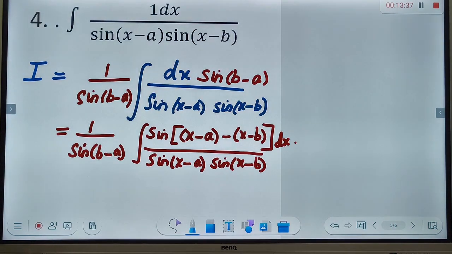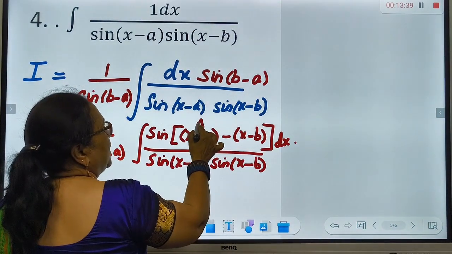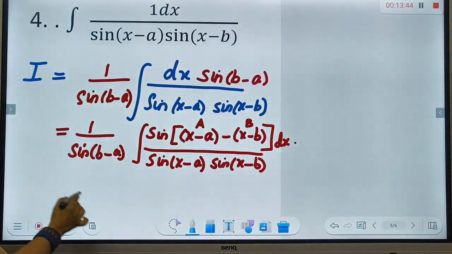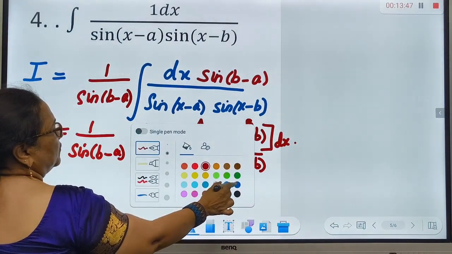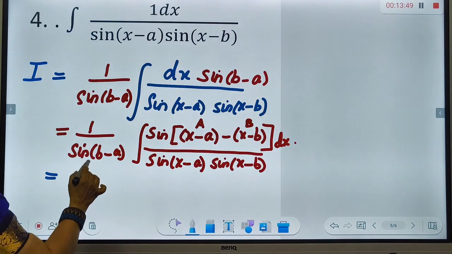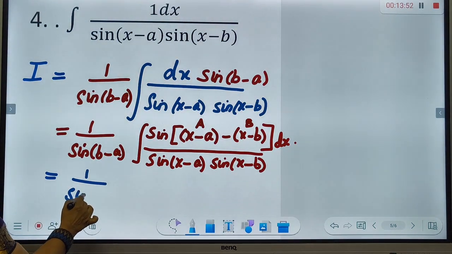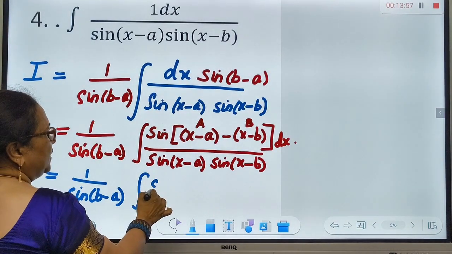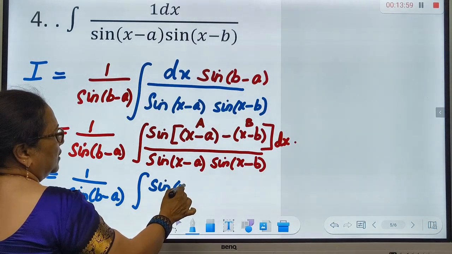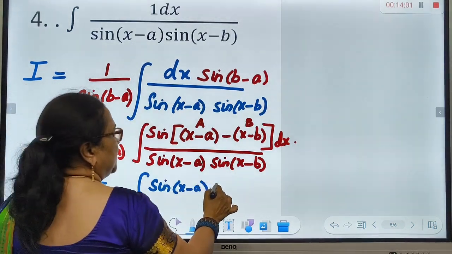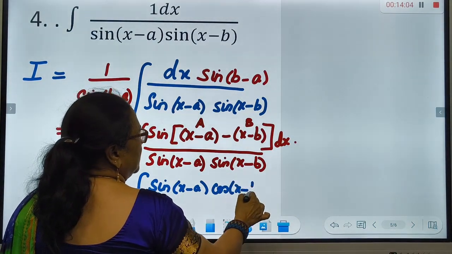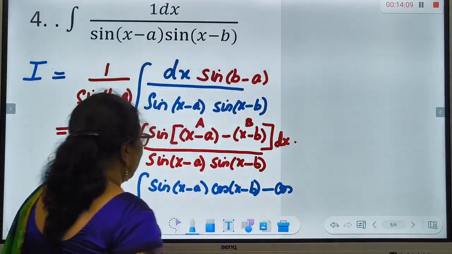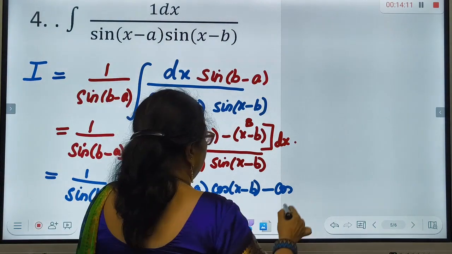Now what is the use of writing like this? Now this is of the form again sine of a minus b, which is sine a cos b minus cos a sine b. So again 1 by sine of b minus a, integral of sine a cos b, cos b is cos of x minus b, minus cos a sine b.